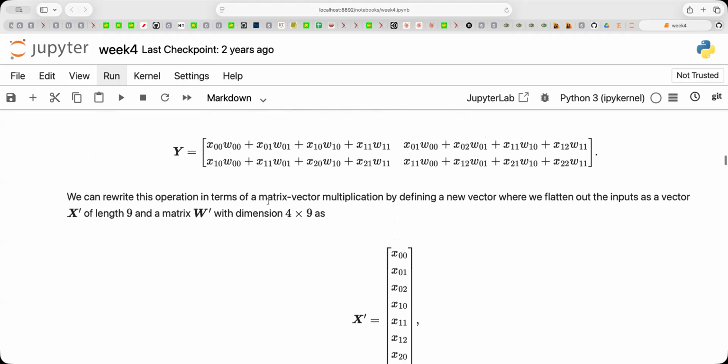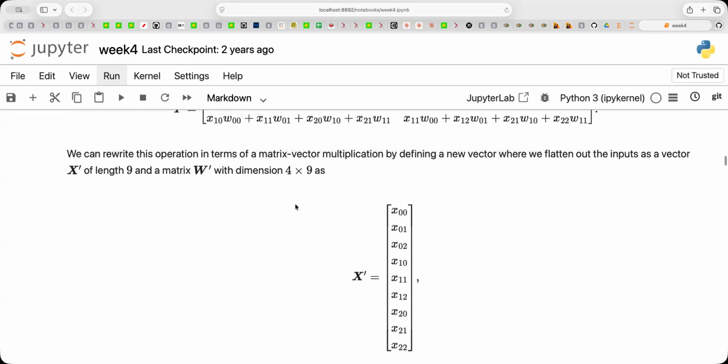It means that you can rewrite this in terms of a matrix-vector multiplication, which can be highly parallelized or efficiently programmed on GPUs. So you could define, for example, that your input is now a flattened vector of length 9, and you have a matrix W which has dimension 4 times 9.